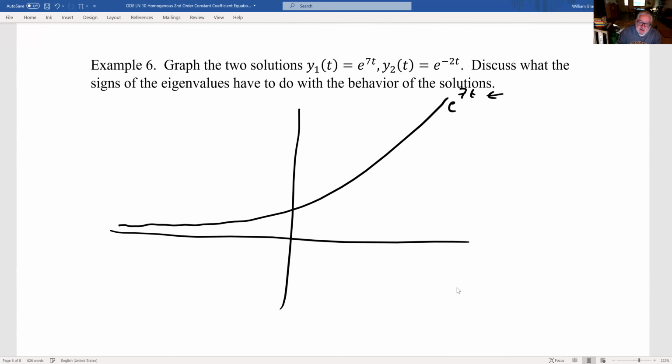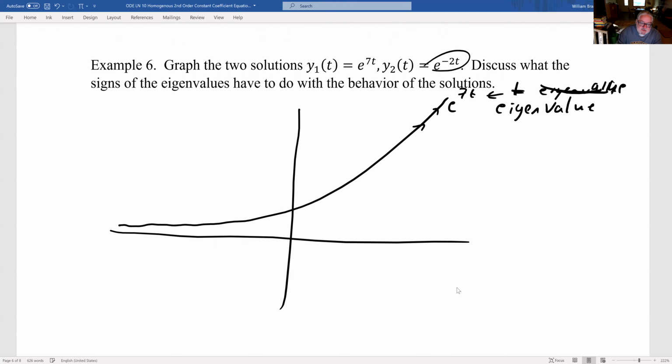So a positive eigenvalue means you're going to infinity in forward time. Eigenvalue is positive, so we go to infinity in forward time.